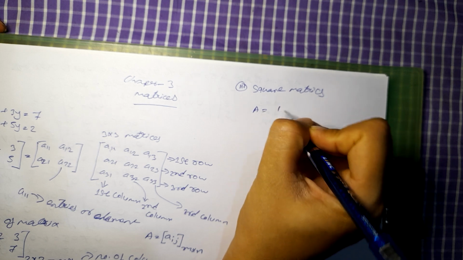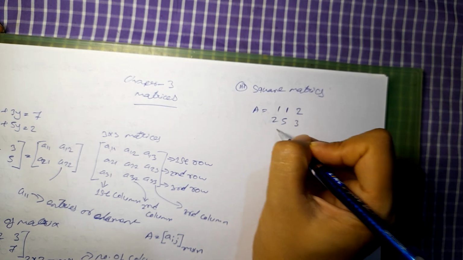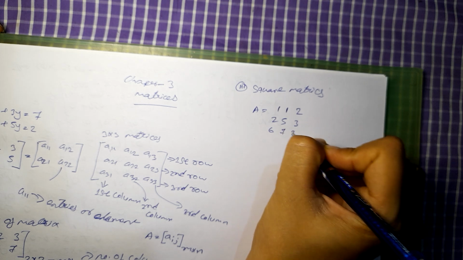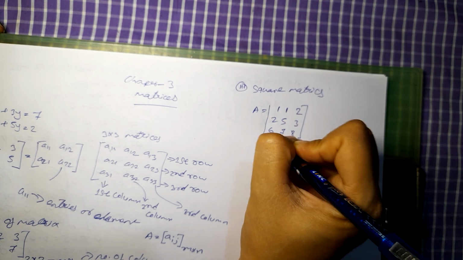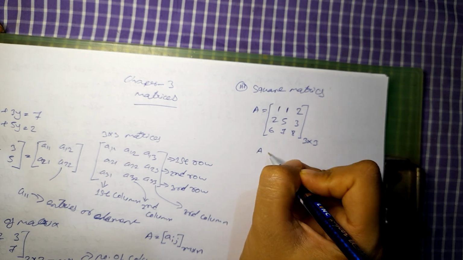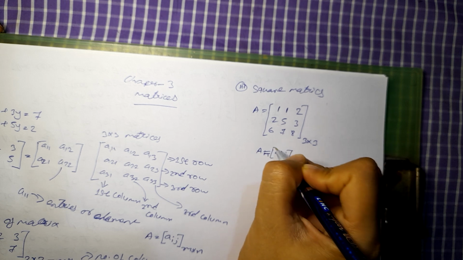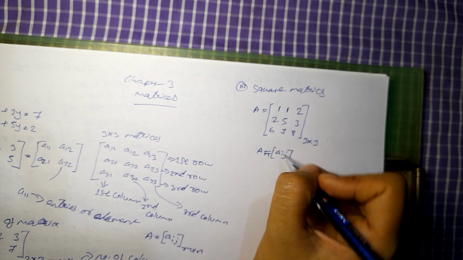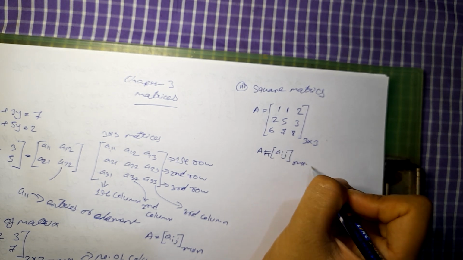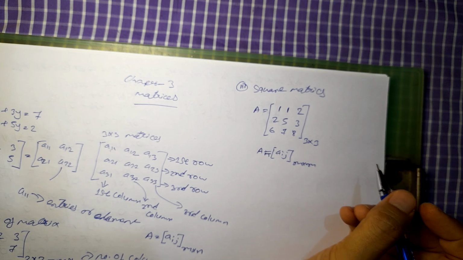Example, 1, 2, 1, 1, 2, 2, 5, 3, 6, 7, 8. You can take any. Here the number of rows and columns are equal, so that is a square matrix. It is written as A equals a_ij, where the number of rows and columns are equal. So if it is of order M, or N, it is a square matrix of order N.